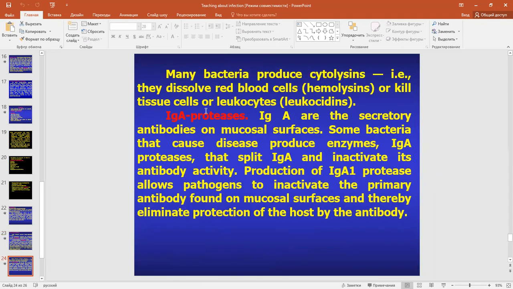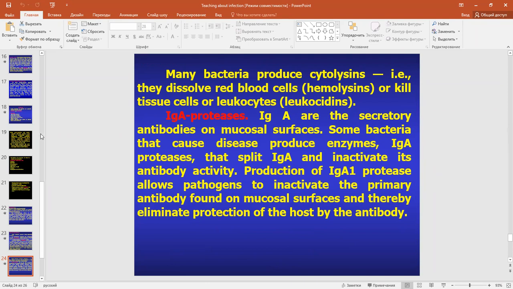And many bacteria produce cytolysins. They dissolve red blood cells, hemolysins, or kill tissue cells, or leukocidins, so cytotoxins, and immunoglobulin A proteases. Immunoglobulins are produced by plasma cells; their synonym is antibodies.